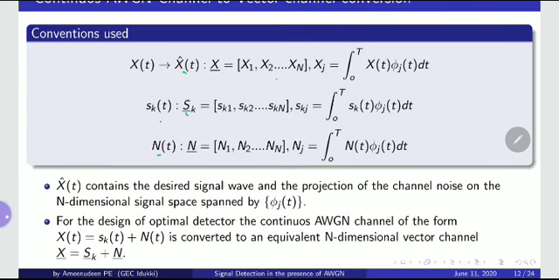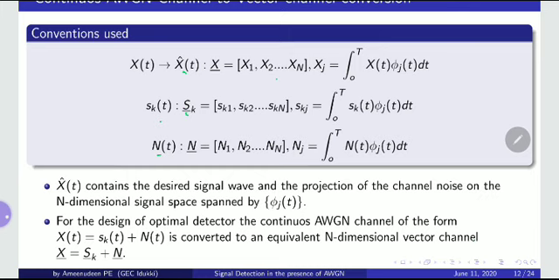So here it is clear that for the design of an optimal detector, the continuous AWGN channel of the form x of t equal to sk of t plus n of t, so this is a continuous channel. We are dealing with continuous signals or continuous random processes. So x of t and n of t are continuous random processes. So it is converted to an equivalent n-dimensional vector channel.